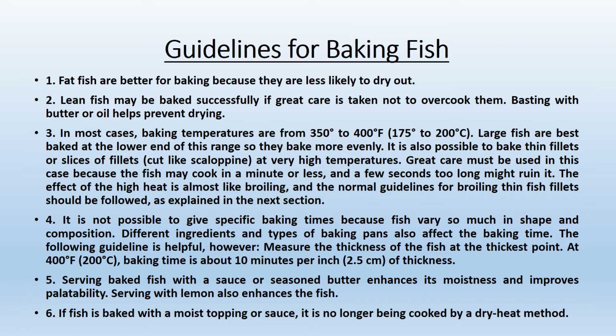At 400 degrees Fahrenheit, which is 200 Celsius, bake time is about 10 minutes per inch, which is equivalent to 2.5 centimeters of thickness. So this is very important. You can use it, but as I mentioned, there's no specific time to do that, so you need to be very careful whenever you're doing that.